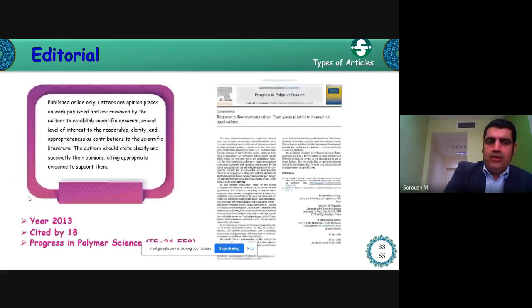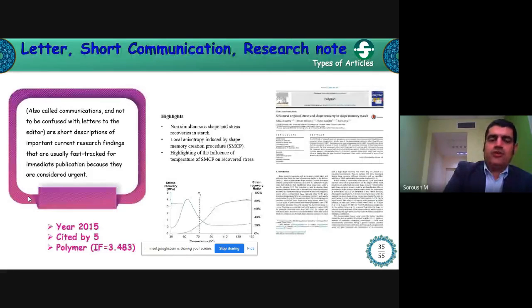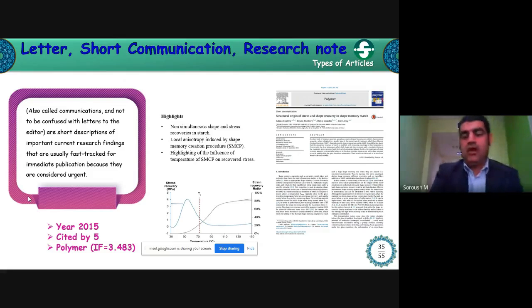Also, we have editorial, we have opinion article with its own structure, we have letter or short communication. For example, we have our own instruction for writing short communication in my group, and students follow the rule and construct the short communication in a very specified manner.